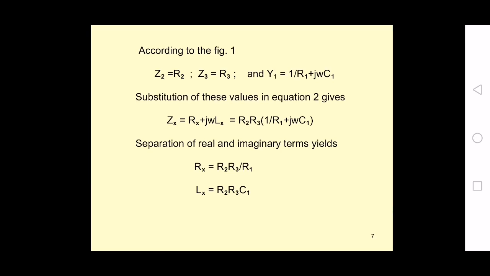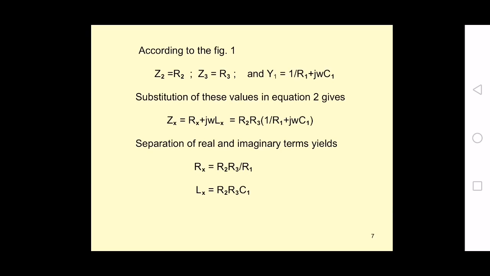So for zero detector current, that is the balance condition, the currents are I1 equal to E by Z1 plus Z3, and I2 equal to E by Z2 plus ZX, with Z2 equal to R2, Z3 equal to R3, and Y1 equal to 1 by R1 plus j omega C1.